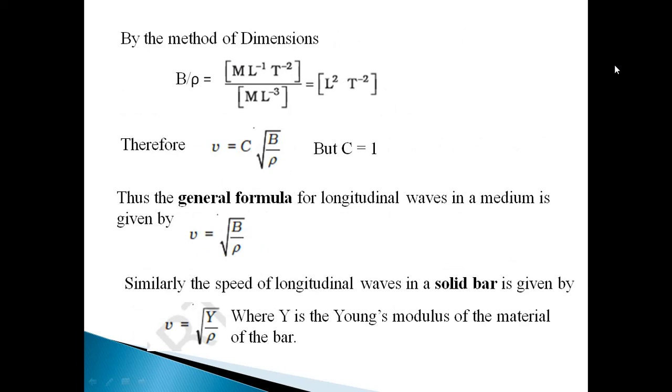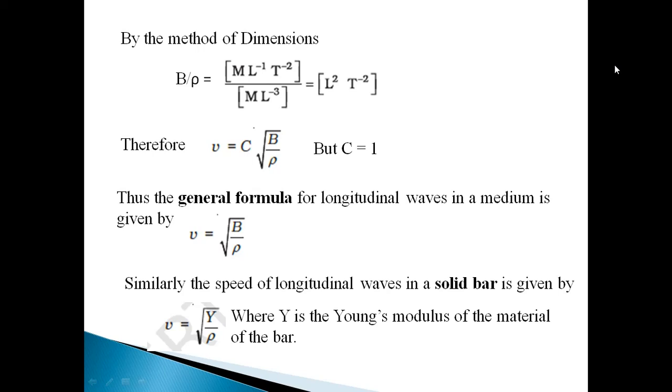Again we use the method of dimensions: the dimensions of bulk modulus divided by the dimensions of mass density is equal to the square of the dimensions of velocity. So velocity is directly proportional to square root of B by rho, or equal to a constant into square root of B by rho. Here also C is equal to 1.